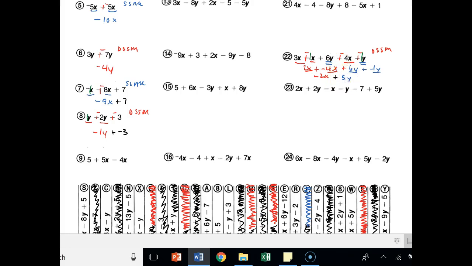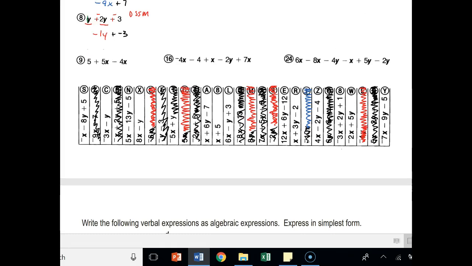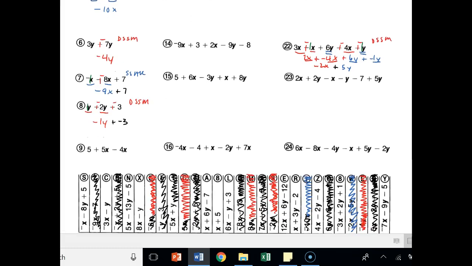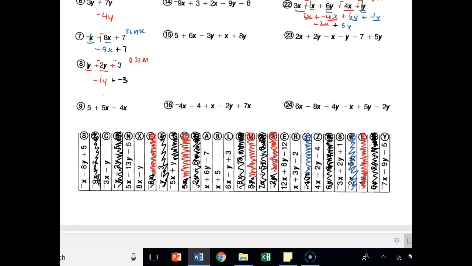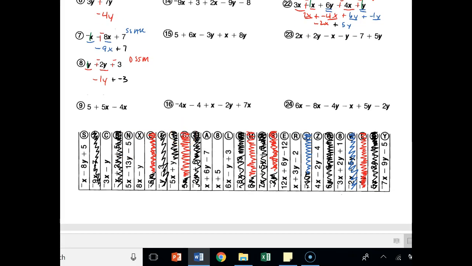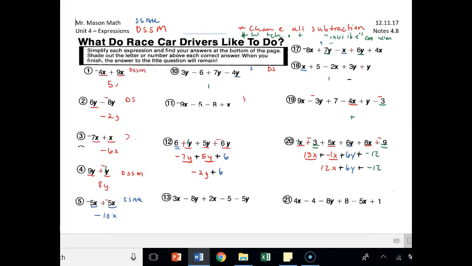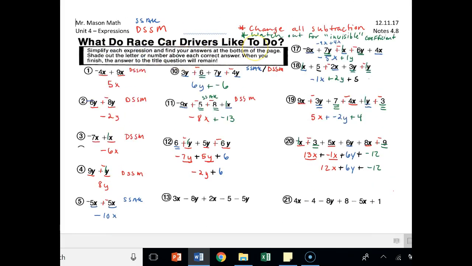So I'm looking for negative 2x plus 5y at the bottom, and it's right here in w, so I'll cross off w. Right? Well, after you cross off all the remaining problems that you'll do in partners after the video, basically what's left over will answer this riddle, and this riddle is, what do race car drivers like to do?